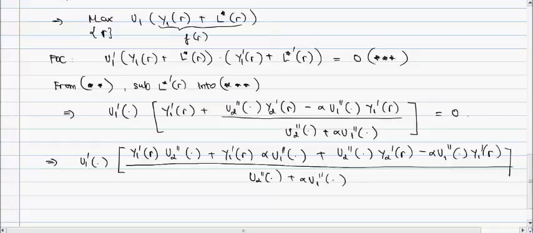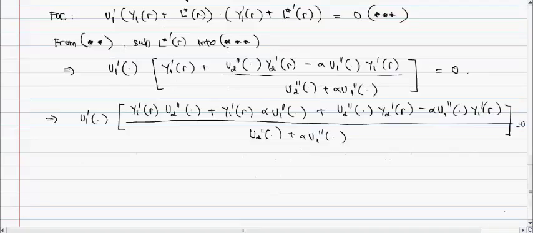Okay, and everything still has to be equal to 0. Alright, so I am going to get u1 dash divided by u2 double dash plus alpha u1 double dash.